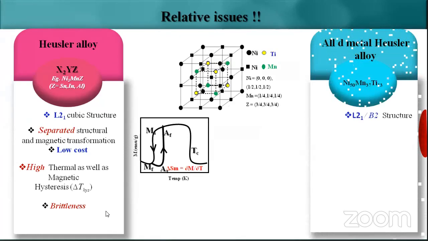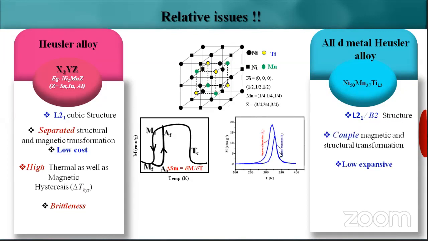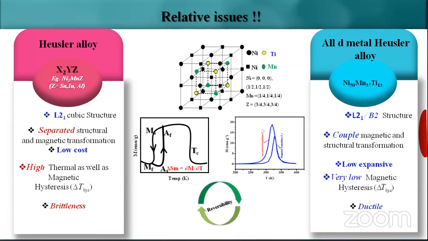So to overcome this problem, we have chosen all transition metal Heusler alloy, as it is also cubic structure, and it also shows a coupled structural and magnetic transition. As it contains all transition metals, it is low expensive, and to reduce the hysteresis, chemical composition is widely used.